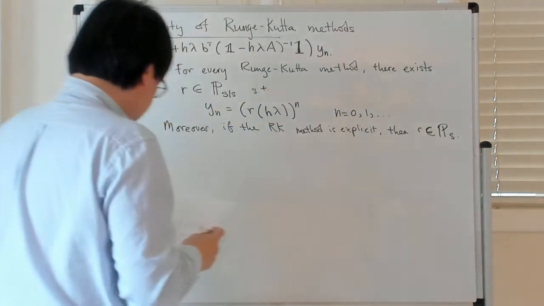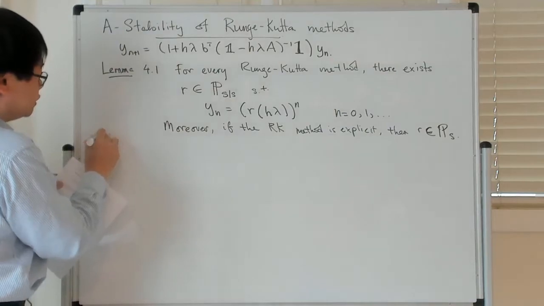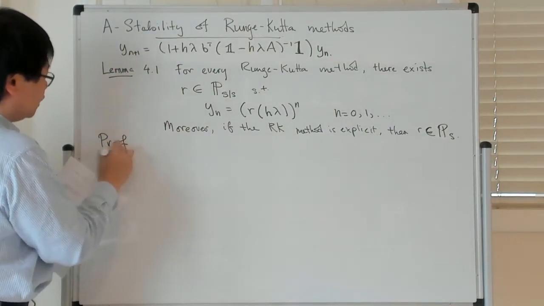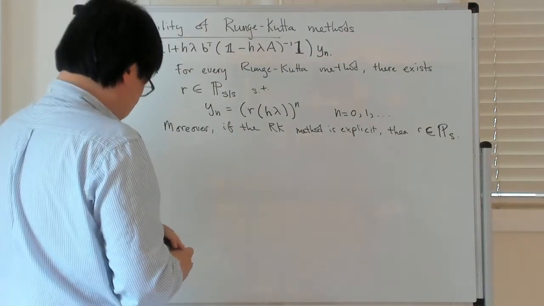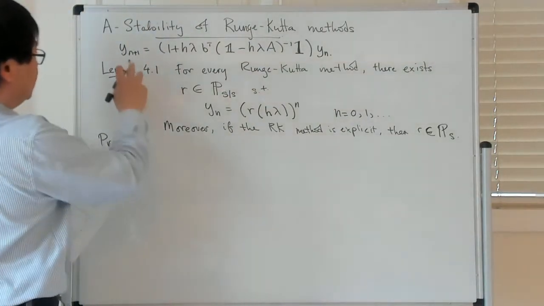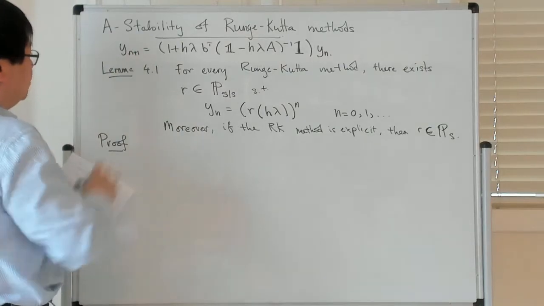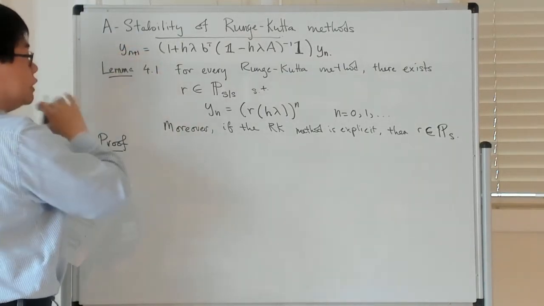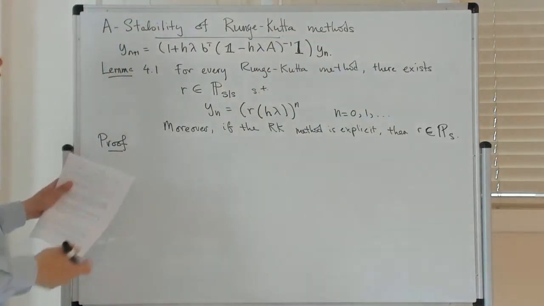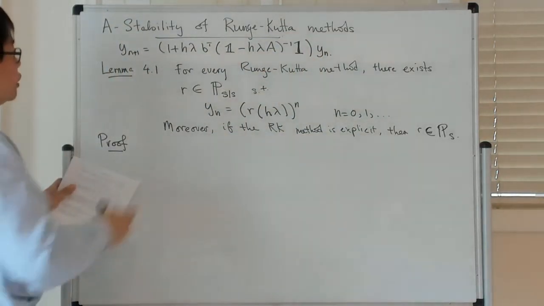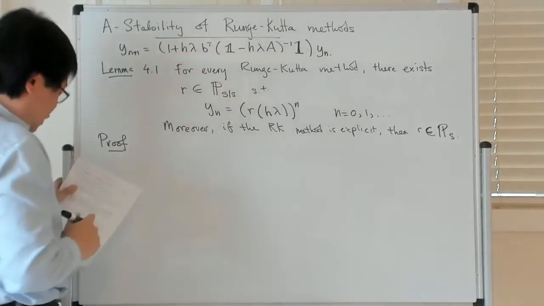Okay, so let's try to prove this. We already have an expression of this form relating the new solution to the old solution. It's just some multiplicative factor, if you will, which depends on h lambda.